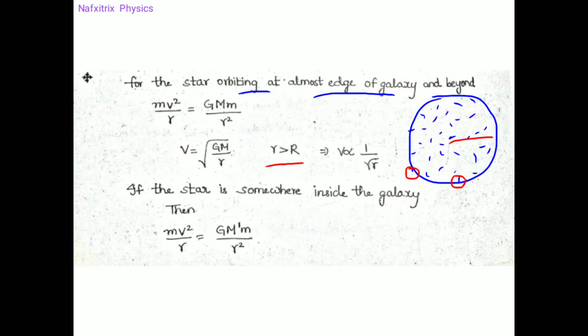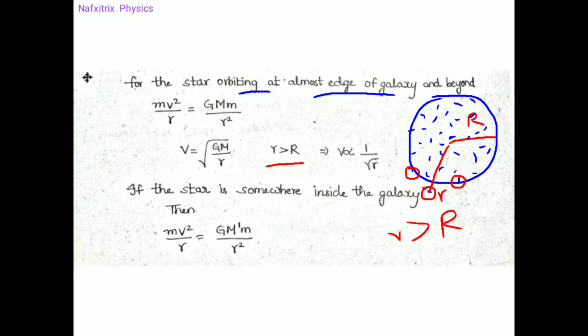If we take a star still more outside, nearly outside of the galaxy, small r is greater than capital R, where capital R is the radius of the galaxy. The star is residing almost out of the galaxy, a little bit away from it.